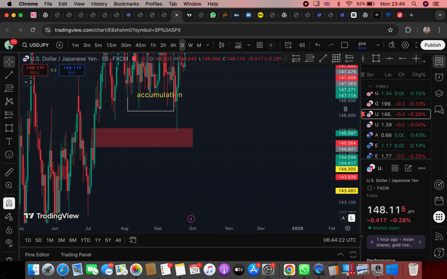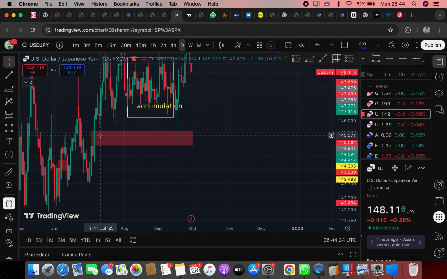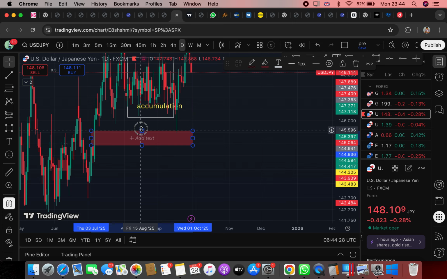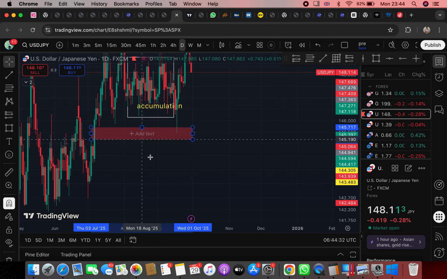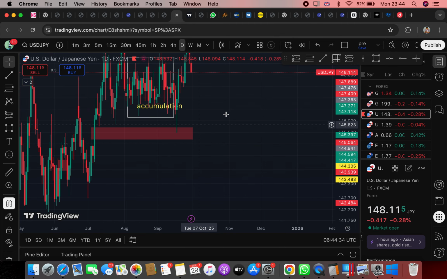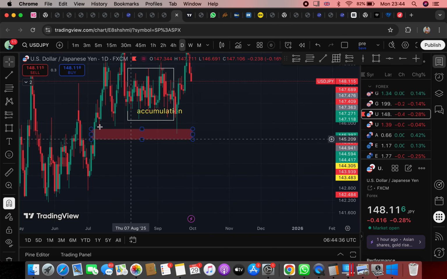That was why the market manipulated towards there. Look at, you see this fair value gap here, from here to here. It was not mitigated. Now if you want to trade this properly, if you come from the daily time frame, you can see this fair value gap that was unmitigated.